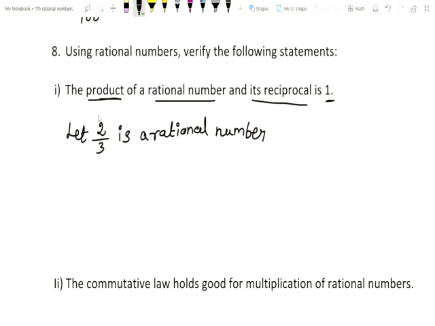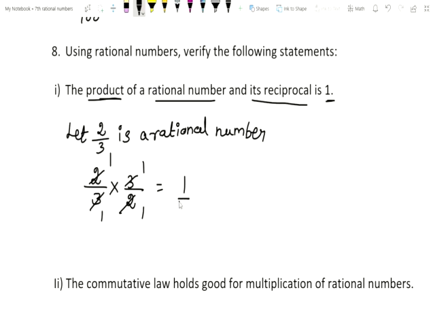So what operation am I going to do? Product. Product means multiply. Which numbers am I going to multiply? A rational number and its reciprocal. Here the rational number is 2 by 3 into, because I am going to multiply, the reciprocal of 2 by 3, which is 3 by 2. Now you simplify this. What are you getting? 2 ones are 2, 2 ones are 2, 3 ones are 3, 3 ones are 3.